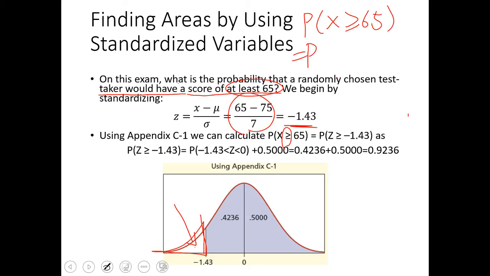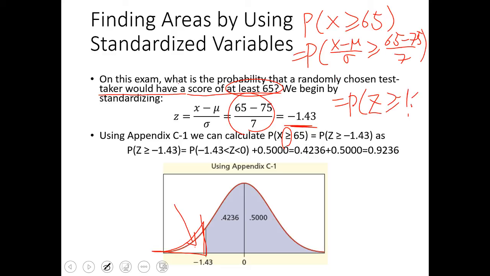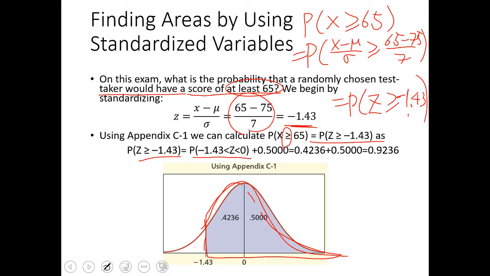We have to calculate the probability that x is greater than 65. So that is the same as the probability that (x minus mu) divided by sigma is greater than (65 minus 75) divided by 7. So that is the probability that z is greater than or equal to minus 1.43. So this area, we have to calculate this area. So using appendix C1, this area is the same as the probability that z is between 0 and minus 1.43.